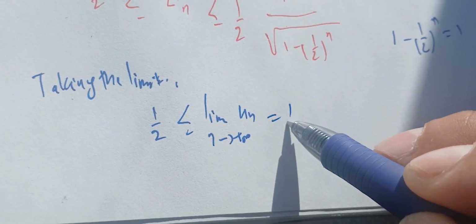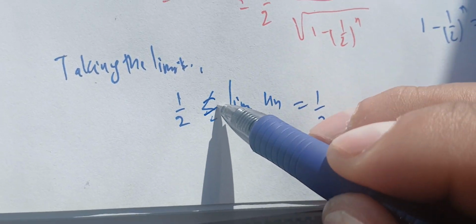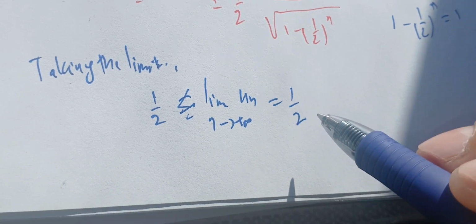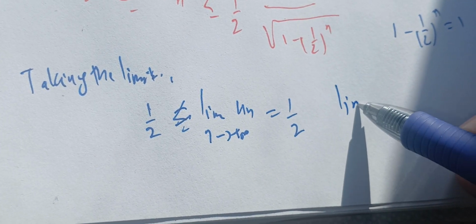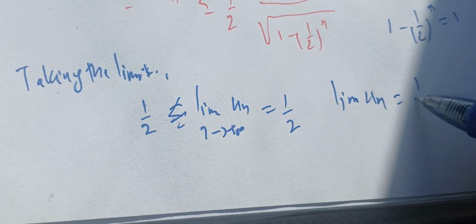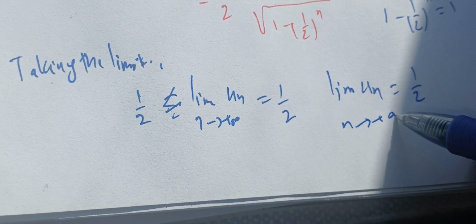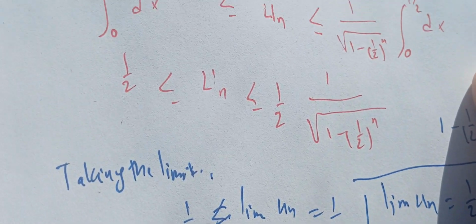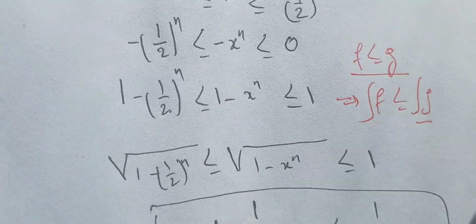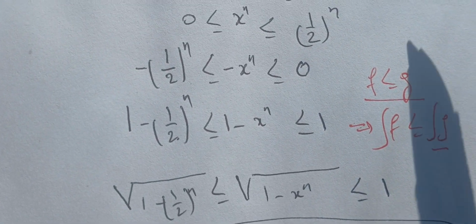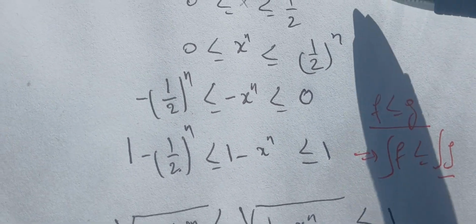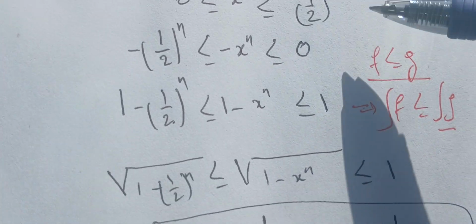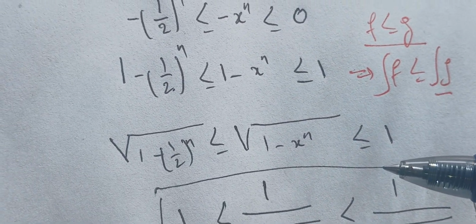So therefore, I have exactly 1/2 and exactly 1/2, and this means that the limit of my sequence is 1/2. So now we proved the result using the squeeze theorem and just the order in R using algebra. Note that we use algebra all the time when dealing with this kind of question.